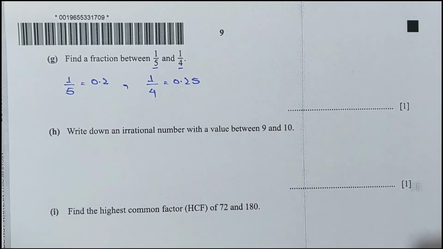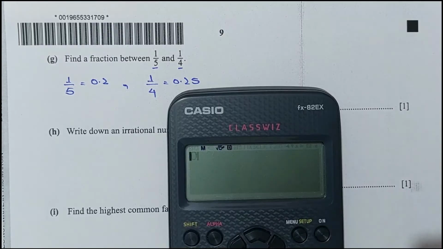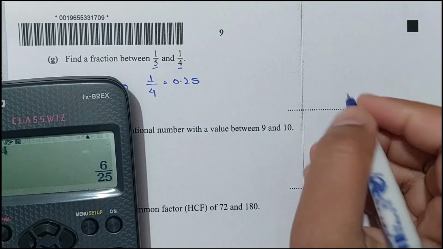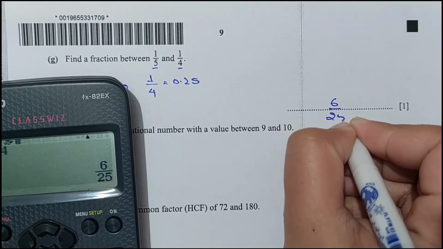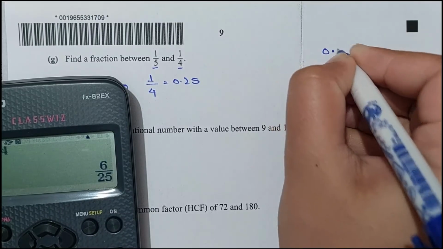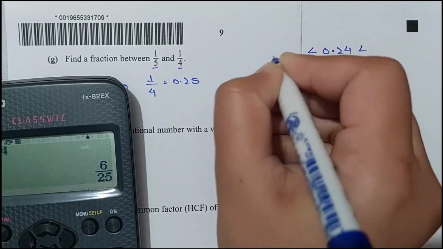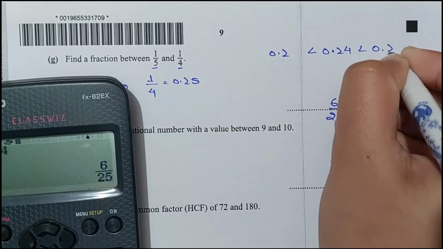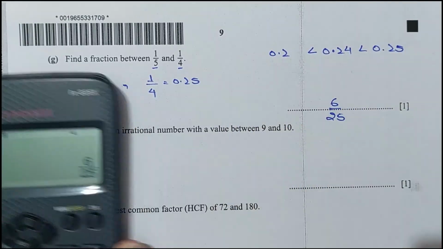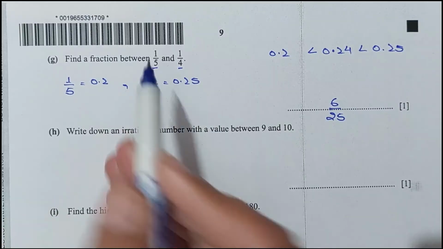So if I pick 0.21, this is 21 over 100, 0.22 is 11 over 50, 0.23 is 23 over 100, 0.24 is 6 over 25. Let me pick 6 over 25, which is 0.24, which lies between 0.2 and 0.25. Any fraction you can take.